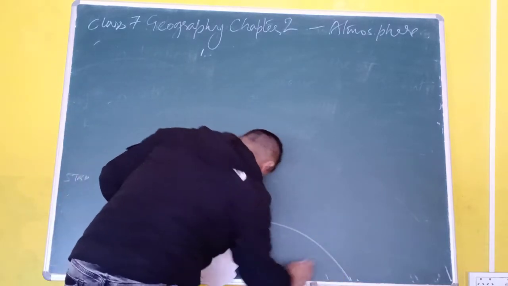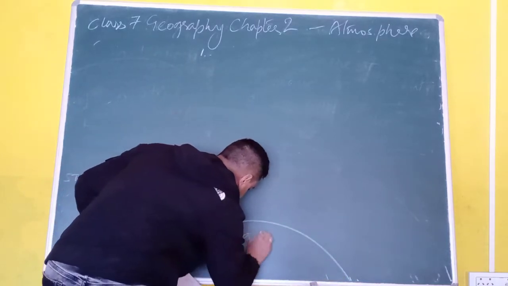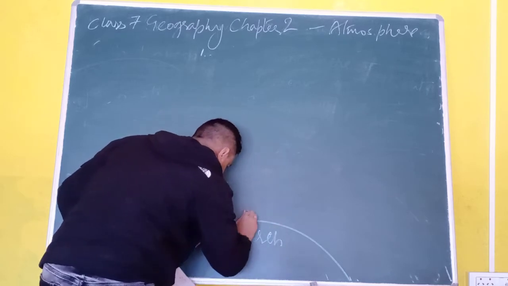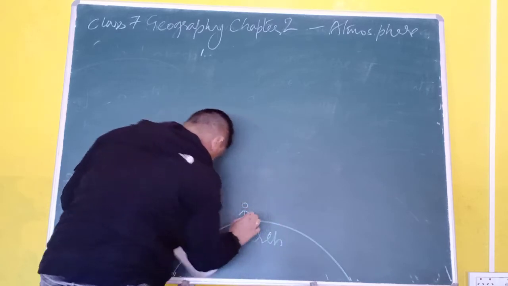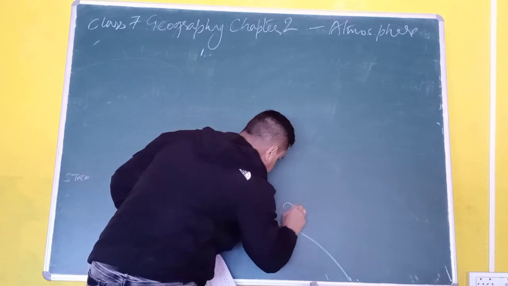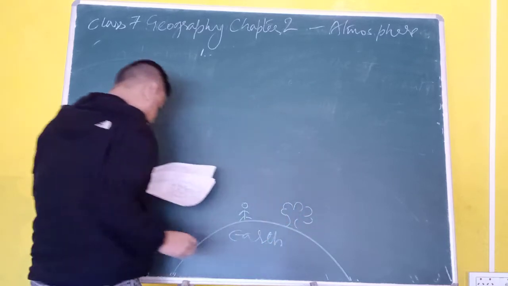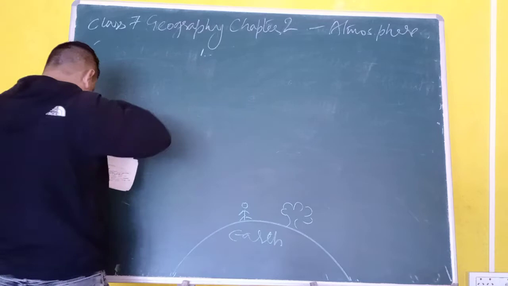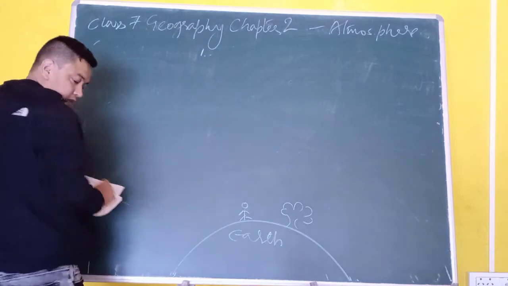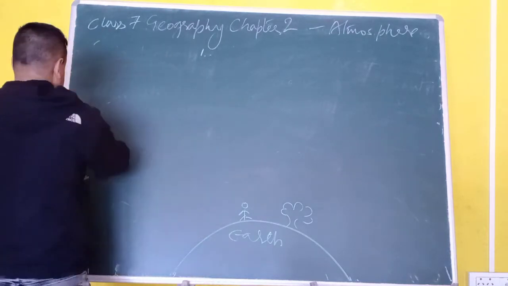Now I am drawing the same earth. Let's make an earth. Then I'll make a person living here, and I'll make some trees. Now I'll make the upper limit of the troposphere.